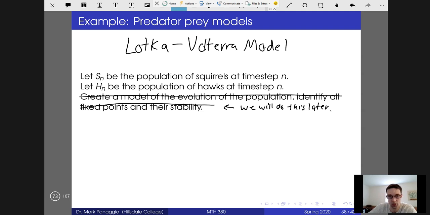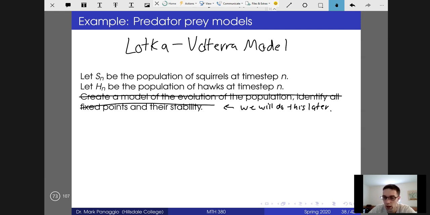But they fall into a more general class of just predator-prey models. All right. And so as an example of this type of model, we're going to consider two species. We're going to have squirrels and hawks. And squirrels are the prey and hawks are the predators. Now, the way that we're going to think about this is squirrels eat primarily plants.